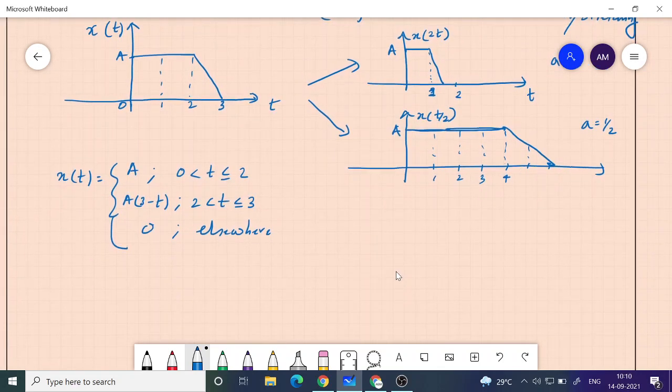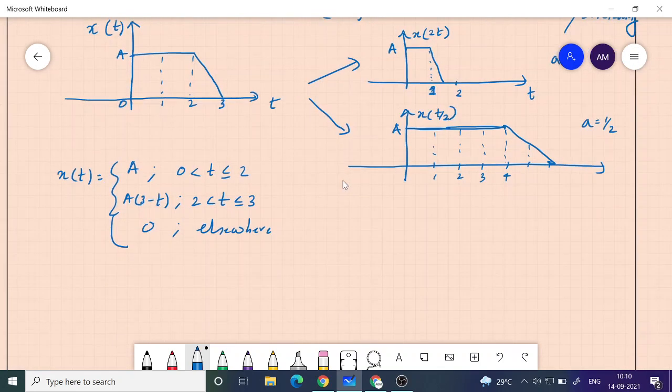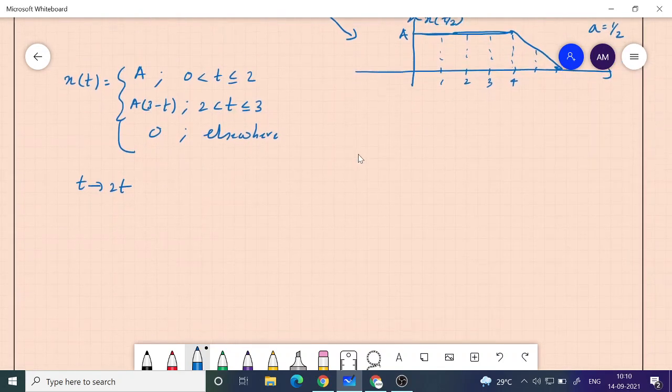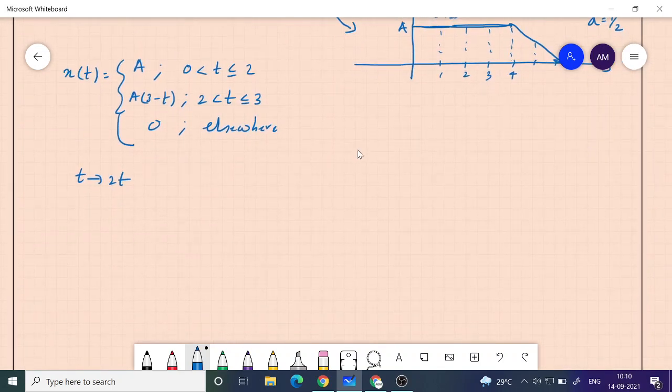So now what is the transformation? Let me show one case, and the other case you can do similarly. Let's take the case where t becomes 2t. So we have x of 2t. Wherever t comes, you just replace.